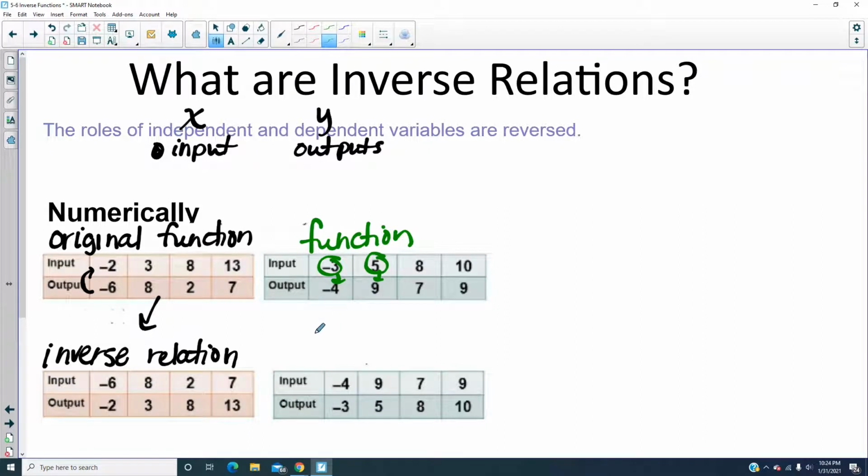If you switch those, I'll have my inverse relation. But then I look at these inputs and their outputs, and I see that if I put in 9, I'll get a 5 sometimes, and then at other times when you put in a 9, the output becomes a 10. So because you put in the same number as an input and got two different outputs, that would cause this inverse to not be a function.